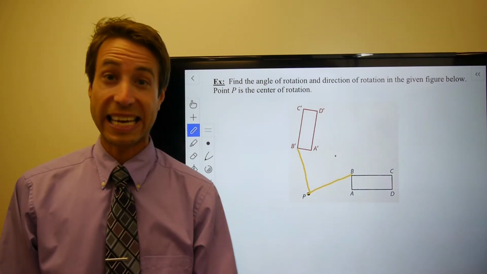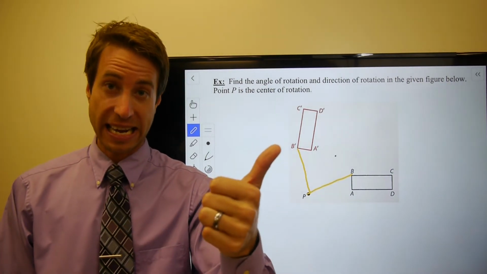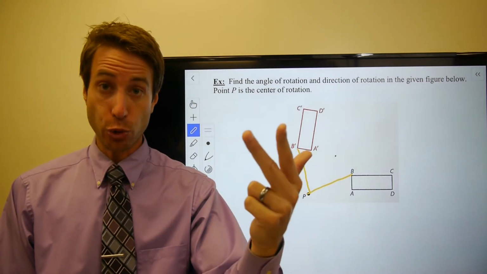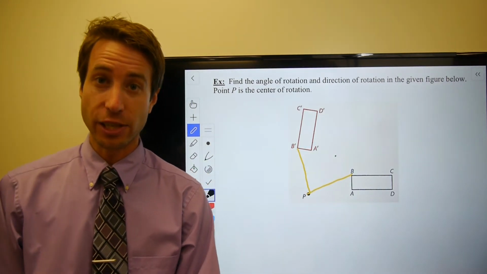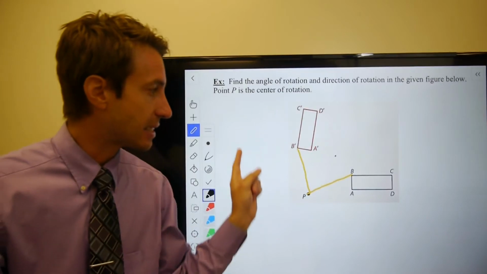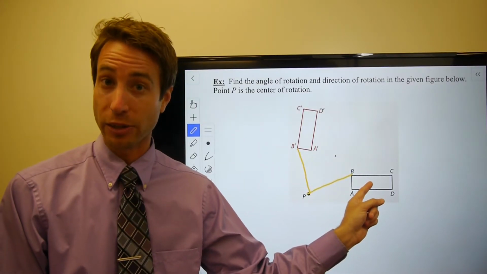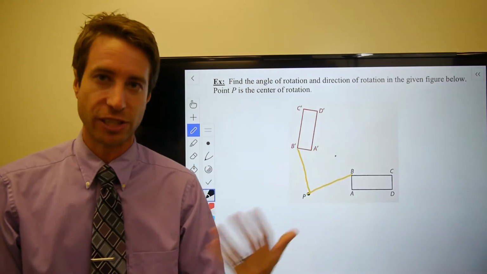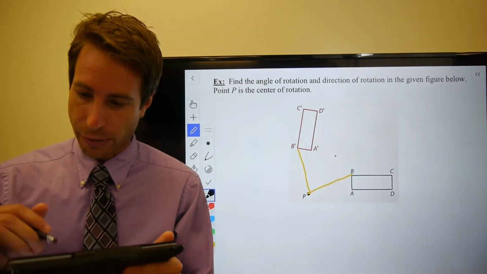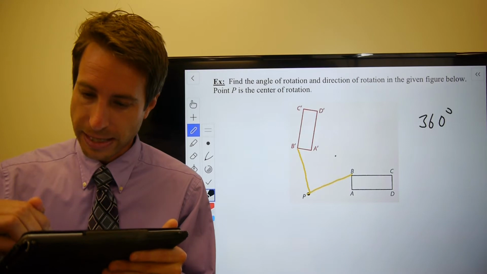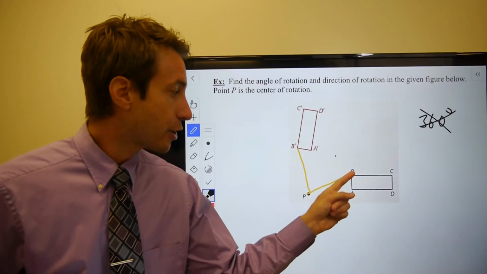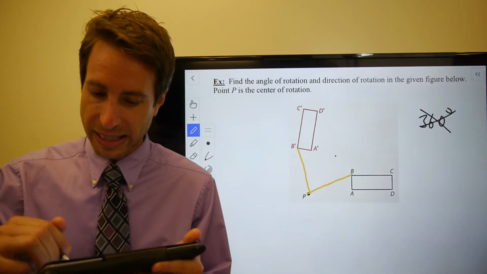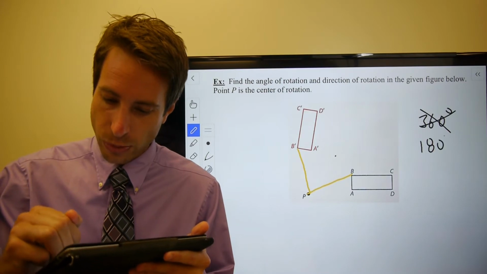Does that look like an angle of rotation of 90, 180, 270, or 360 degrees? Well, it's definitely not 360 because that would bring the image all the way back around to where it's at, and they're not. They're 2 different images. They don't lie over top of each other. So 360 is out. 180 degrees would be a straight line.